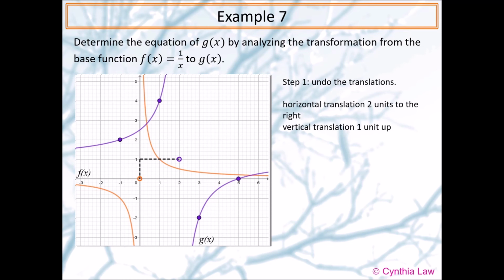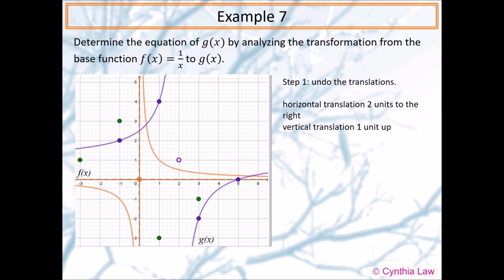So there are some nice points that I can use. So then I am going to undo the translation, which means for each point that is on g of x, I'm going to move them 2 units to the left and 1 unit down, like so. So I do it to all 4 of them, and then I draw my new dots. So I have my new intermediate step. So I have these points.